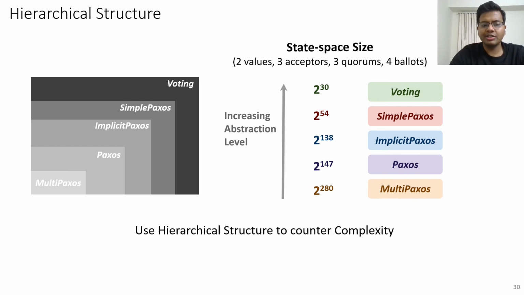The main point is we can additionally use this hierarchical structure to deal with complexity and achieve high scalability by adding complexity to the verifier in stages, the same way as experts like Lamport design a complex system in stages.